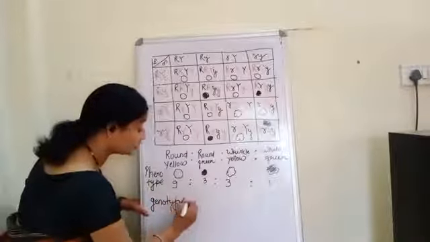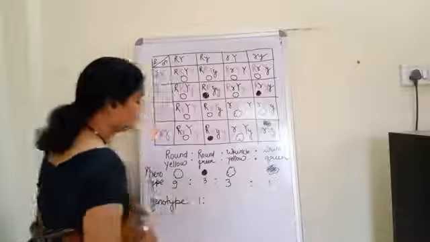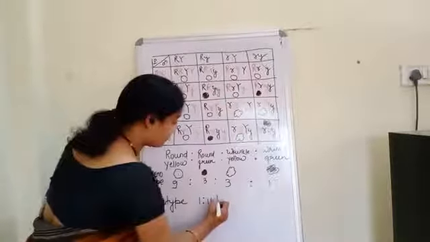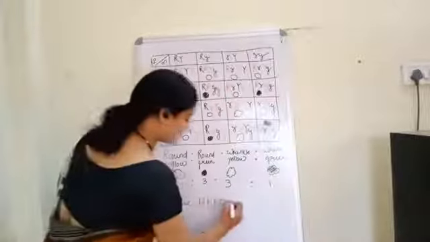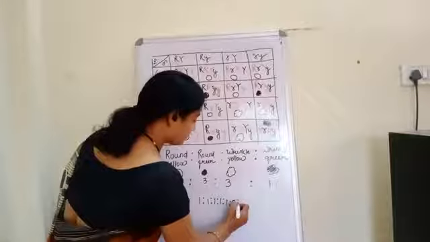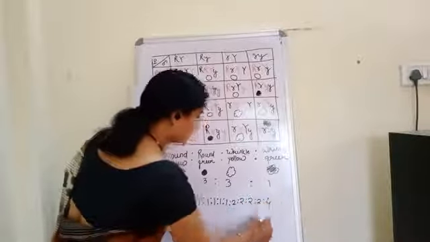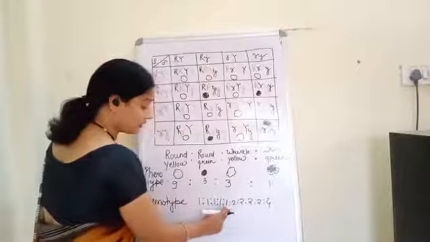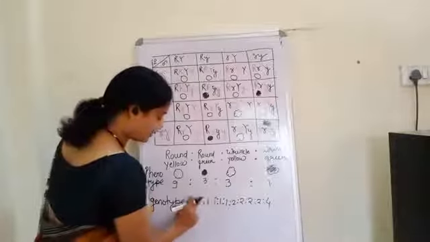Now you have to see the genetic makeup. And in the genetic makeup, we will see that the genotypic ratio will be 1:1, ratio 1, and again 1, then 2, 2, 2, 2, 4, and so on up to 16.